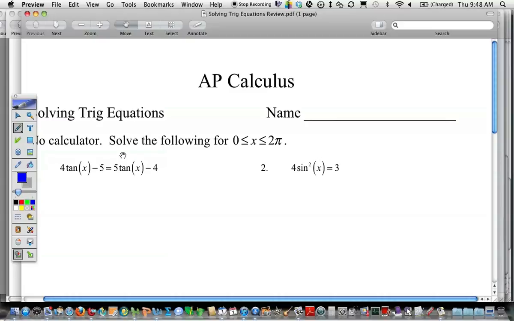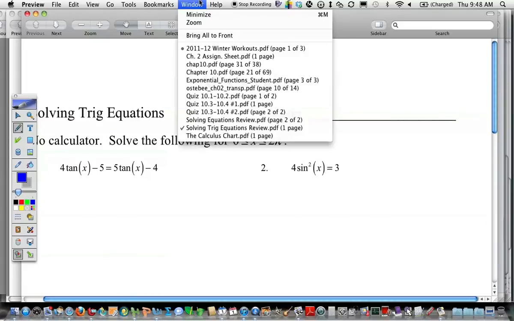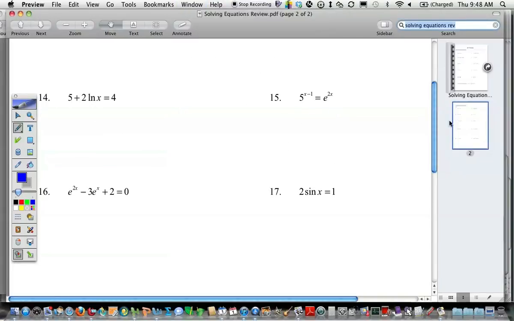15. Yes, on 15, any time we have exponents that are variables. Is that the one you're talking about? Next page. Okay, 15 right here.